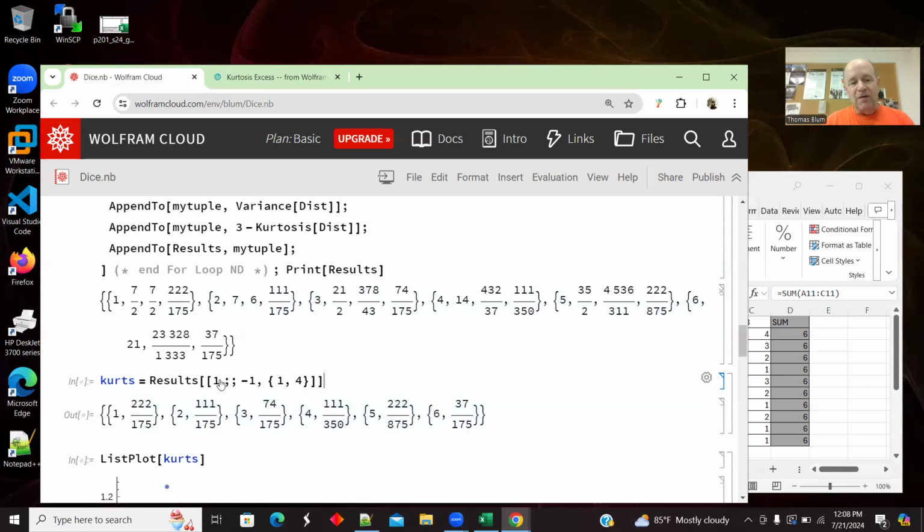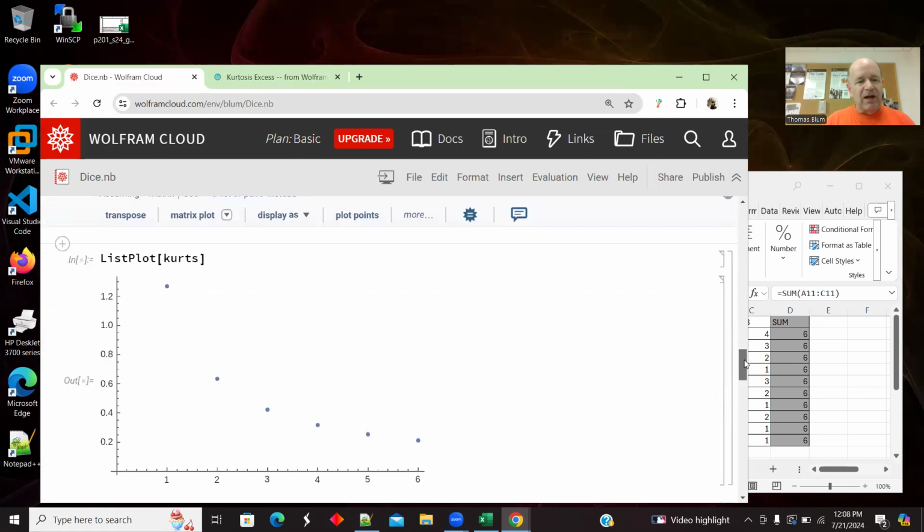So I'm taking all of the rows that I want, starting at 1 and going to the end. The double semicolon and -1 means I want all of these terms. And then this curly bracket 1, 4 means I want how many dice there were. These were all six-sided dice, but how many dice were there? And then what was the kurtosis? So that's just a selection game here. And then I am plotting that.